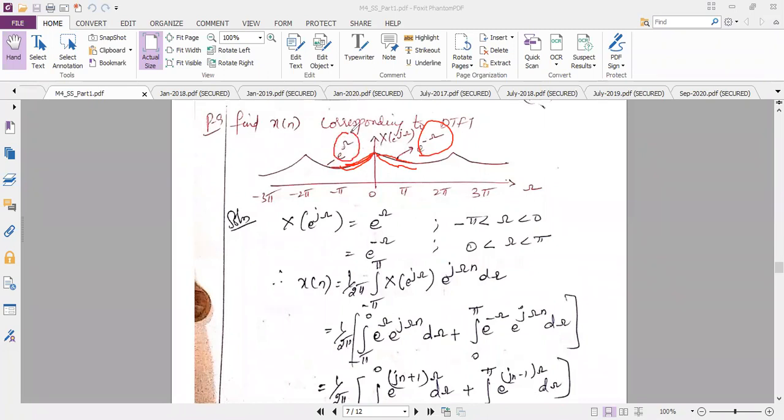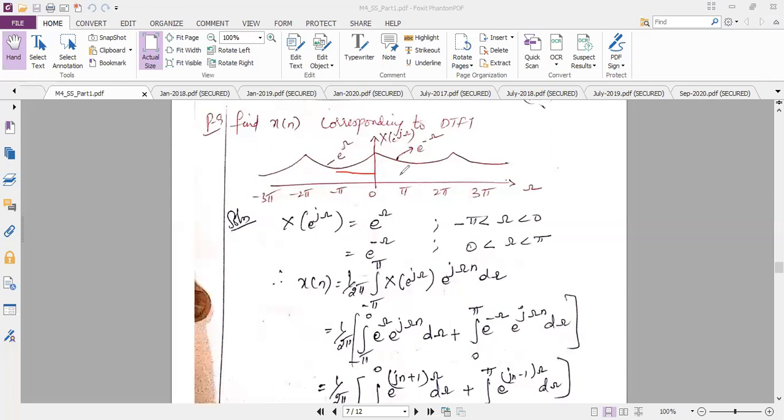If they do not give it also, you should know. Decreasing means it should be e power minus omega, and increasing it is e power plus omega. You yourself should know this. Sometimes they may give, sometimes they may not give those e power terms in the diagram. So we should be able to write it.